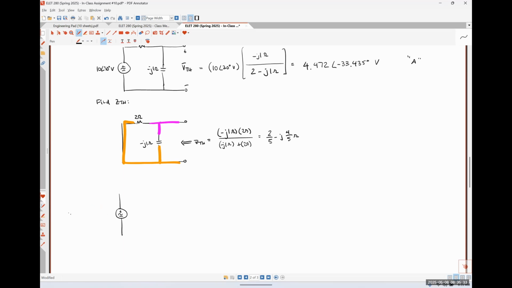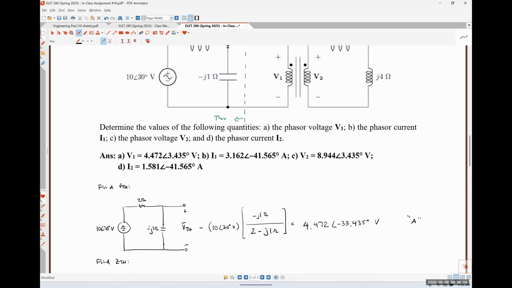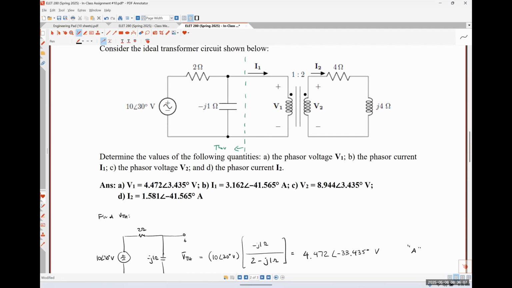Let me scooch it over. 4.472 angle negative 33.435 degrees volt source in series with a 2/5 minus J 4/5 ohm impedance. And then I would have my primary coil, my secondary coil, and then looking at this guy, I'm just going to call this 4 plus J4.